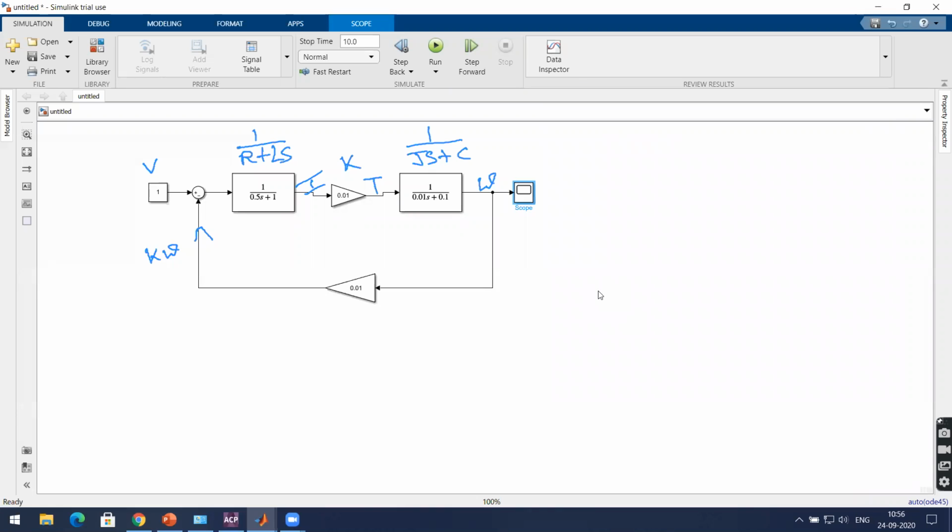Now, are you able to control the DC motor? No. So it is an open loop system. Just because there is some feedback over here, it doesn't become a closed loop. For a closed loop system, you need to have some type of controller. So you have the voltage input, and you have omega as the output.